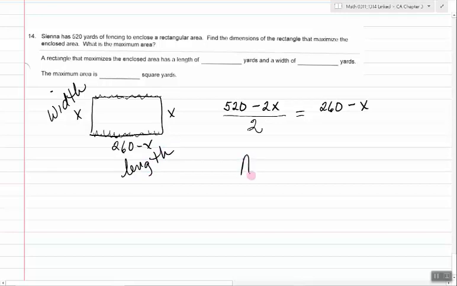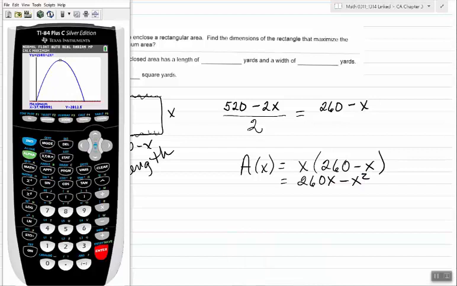So the area as a function of x is x times 260 minus x, length times width. It is 260x minus x squared. If I want to maximize the area, this is a quadratic. Maximum occurs at the vertex.